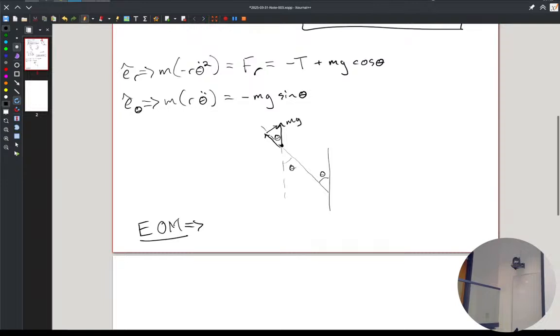So that's what we're trying to find here. If you have 100 degrees of freedom, you can have 100 equations of motion. With 1 degree of freedom, you should end up with one equation of motion.